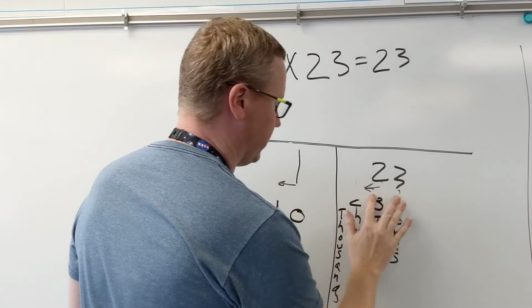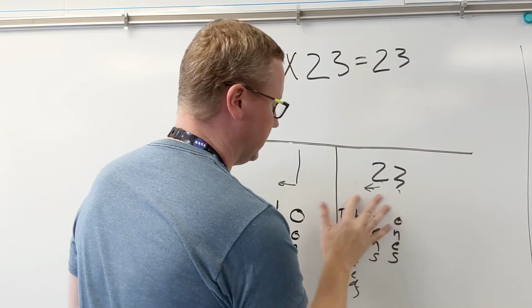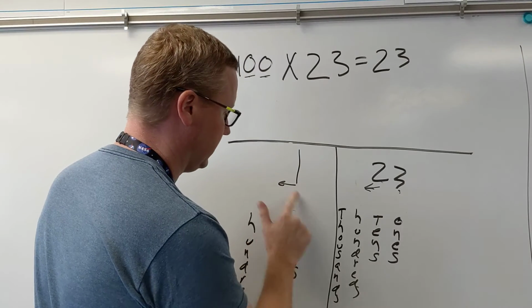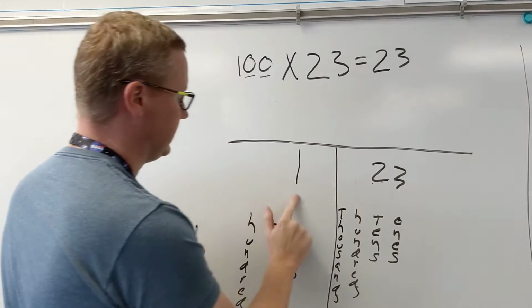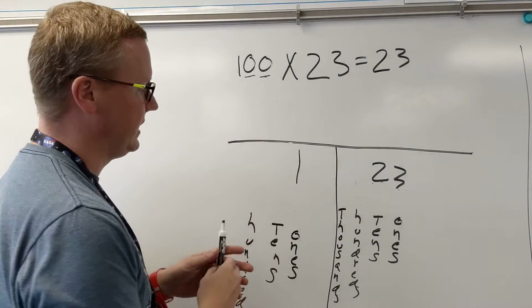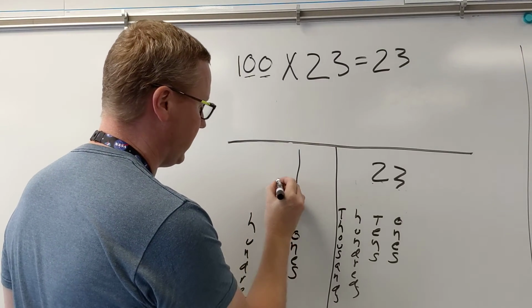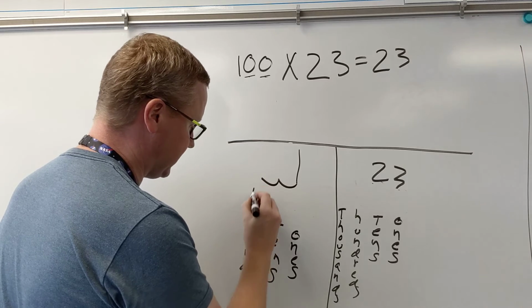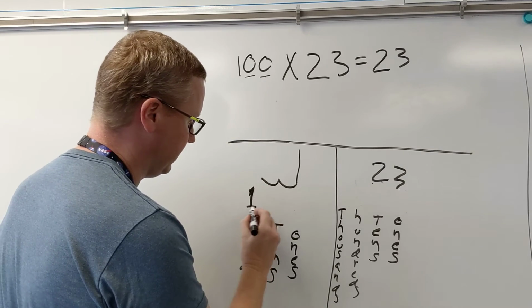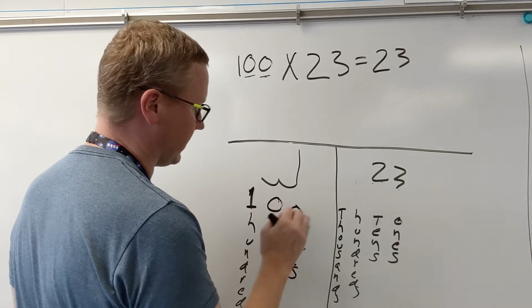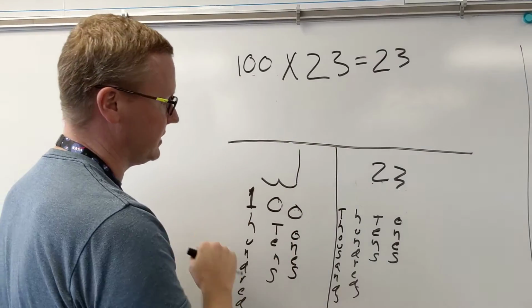So I'm going to get rid of our old multiplication problem here. So when we had 1, it was 23. Now we have 100. I have to move it over 2 spots. 1, 2. And that turns it into the 100 spot. And I add my 2 zeros to fill it in.